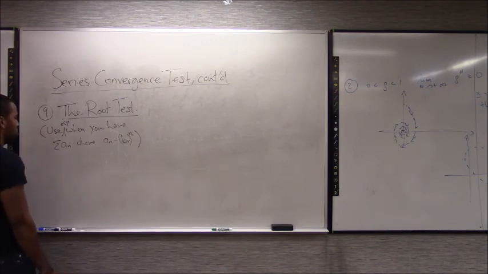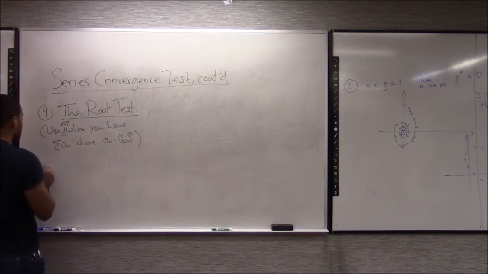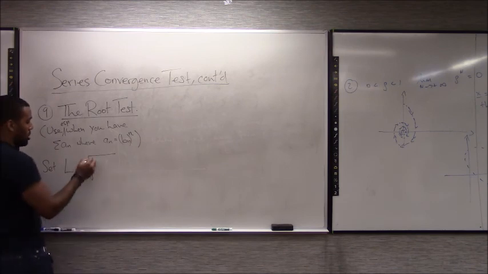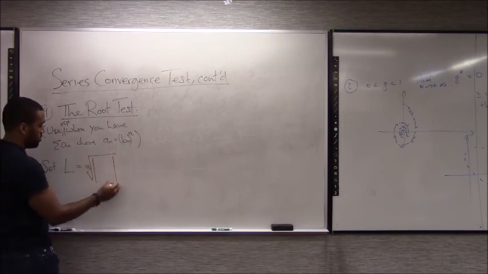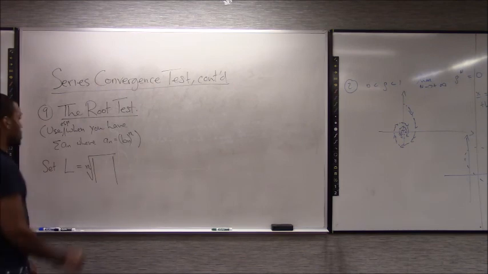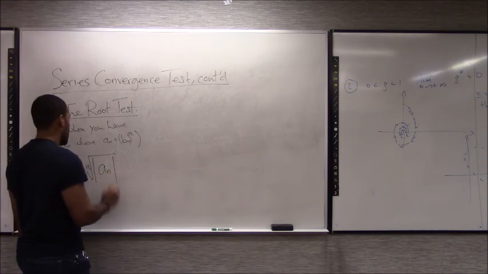So here's how the root test works. You are going to set L equal to the nth root of the absolute value, just in case you have negative powers here, of a_n.